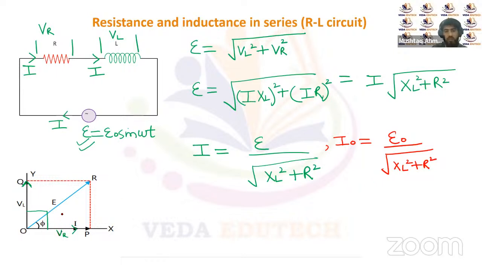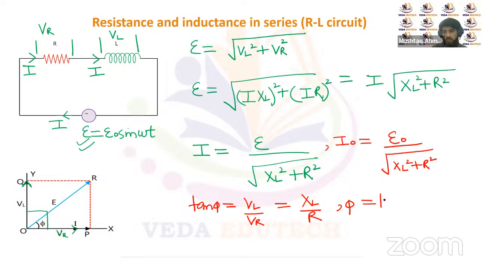Now the angle of this resultant E with respect to this current I will be given by tan of phi. So tan of phi will be VL upon VR, or we can write this as XL upon R as well. So we can find the phase difference between the potential difference voltage and current as phi.